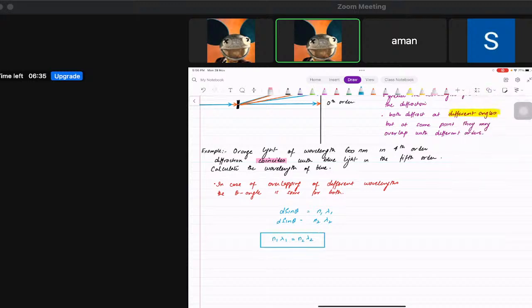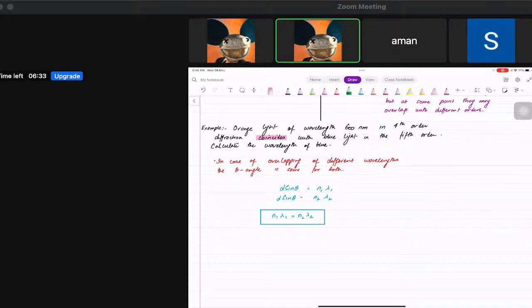This is the general formula for overlapping of waves passing through a grating.